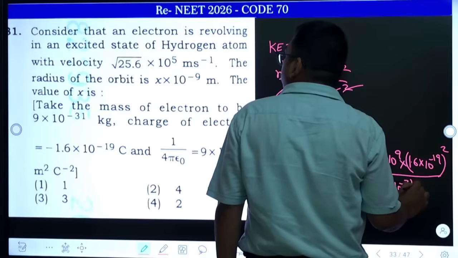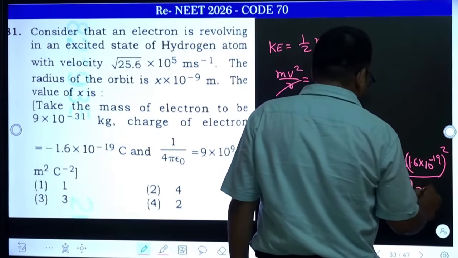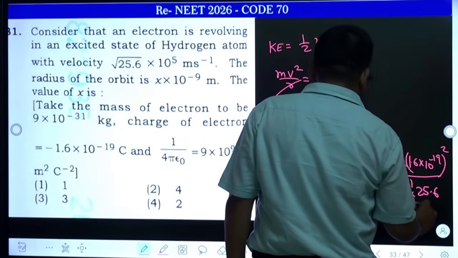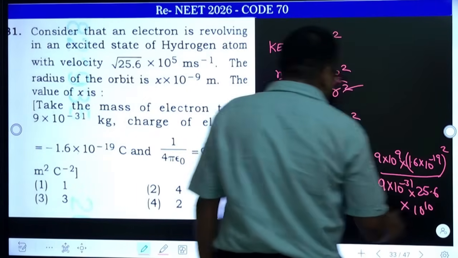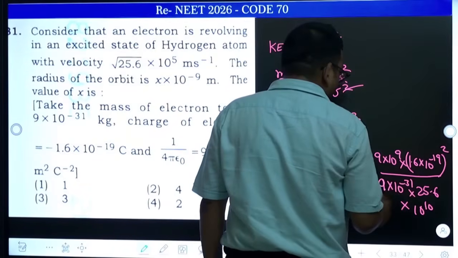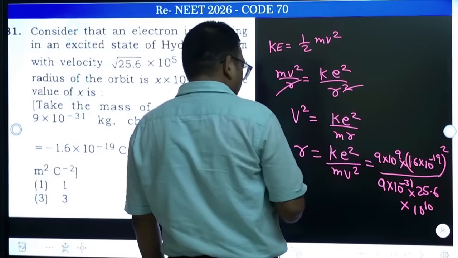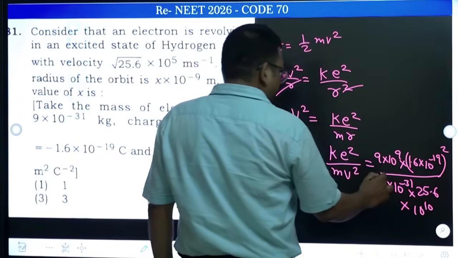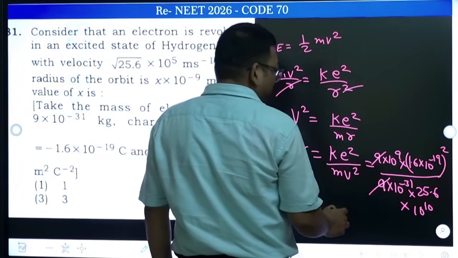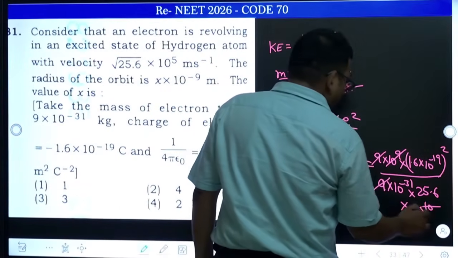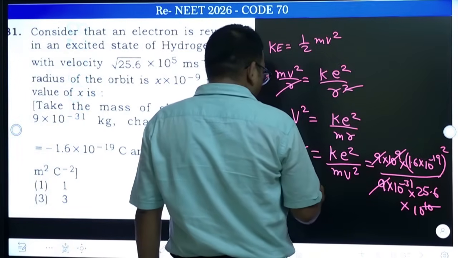V square, velocity square, is 25.6 into 10 to the power 10. Now you check. I think 1.6 square will do 25.6, they may cancel out. This 9 will definitely cancel. This 9 and this 10 will remain. Minus 30 it will become 1.6.